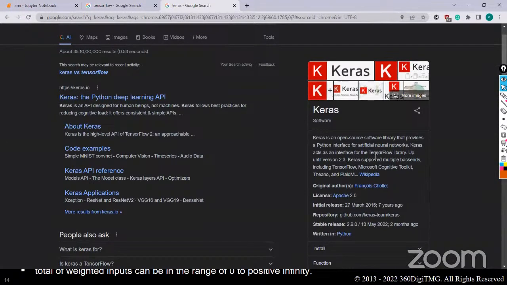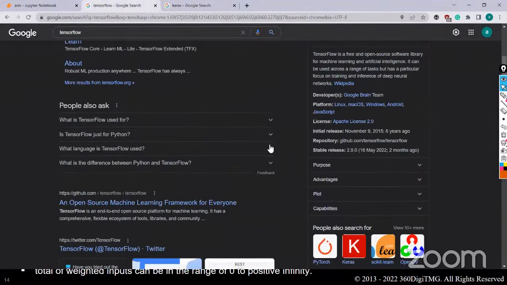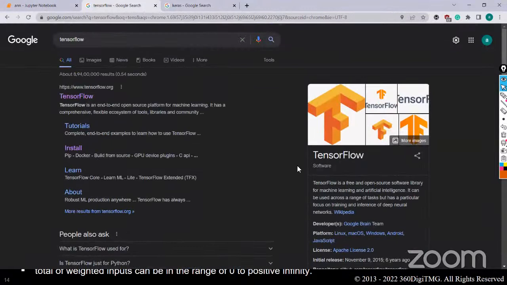So this provides the interface for neural networks. So up until 2.3, it supported multiple backends like TensorFlow, Theano, PlaidML, but now it is basically integrated within TensorFlow itself. The latest versions of TensorFlow include the Keras framework as well.